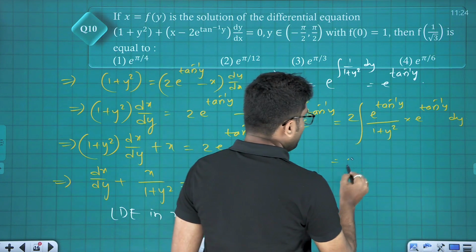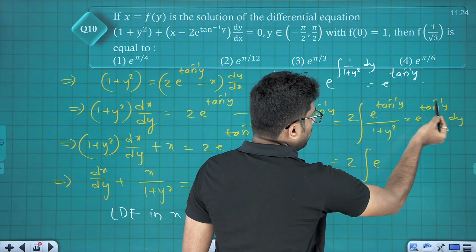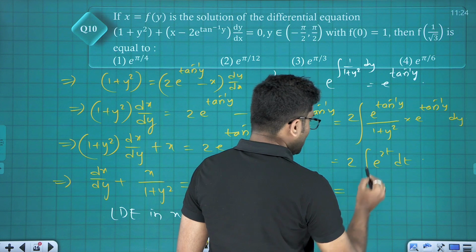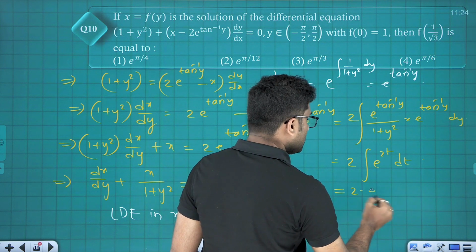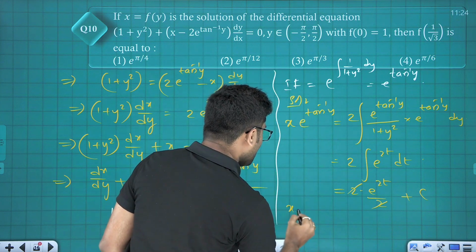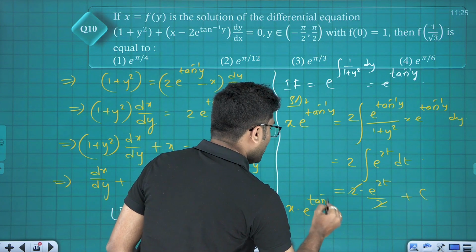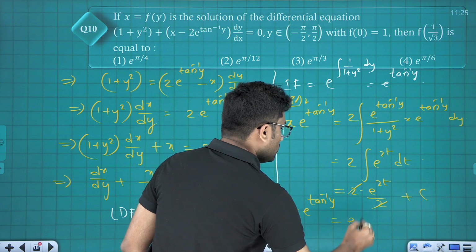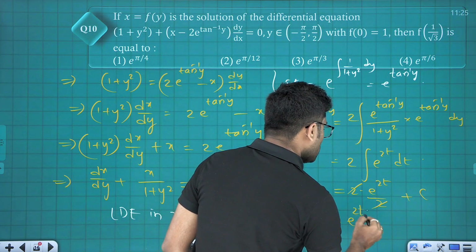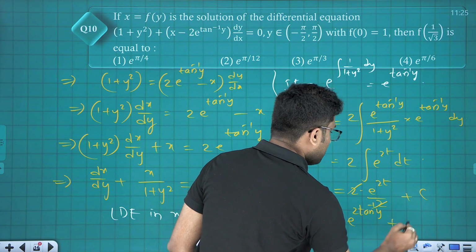So this case will be 2 into integral e power t into e power t, which is e power 2t dt. And integral of e power 2t is e power 2t by 2 plus c. So finally this will be x into e power tan inverse y is equal to e power 2 tan inverse y plus c.